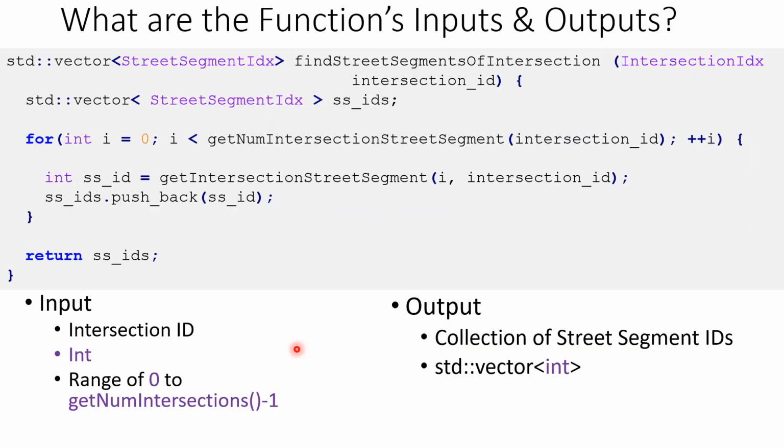Let's look at this function. We have the input intersection ID, which is an integer, ranging from 0 to number of intersections minus 1. So this is a continuous range starting at 0. We have the output of street IDs, a vector of integers.